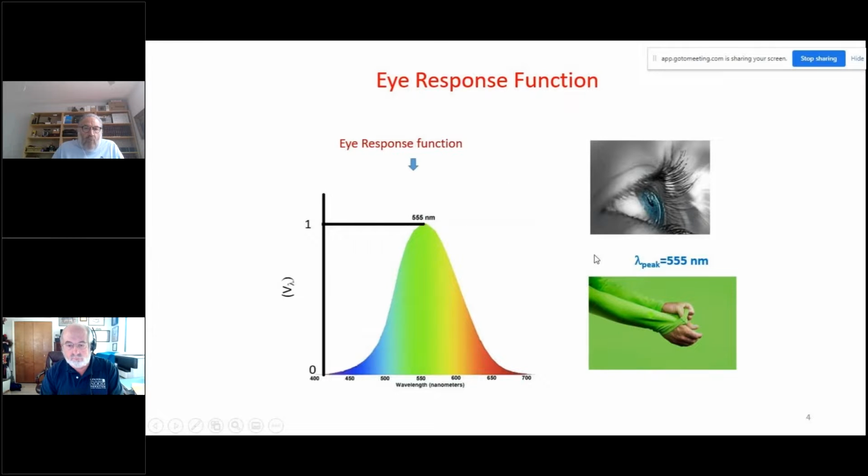The answer is, we basically evolved under the sun. The sun is a black body radiator, and it has a peak at 555 nanometers. So our eyes adapted to this wavelength as the peak sensitivity. So it's not a coincidence.